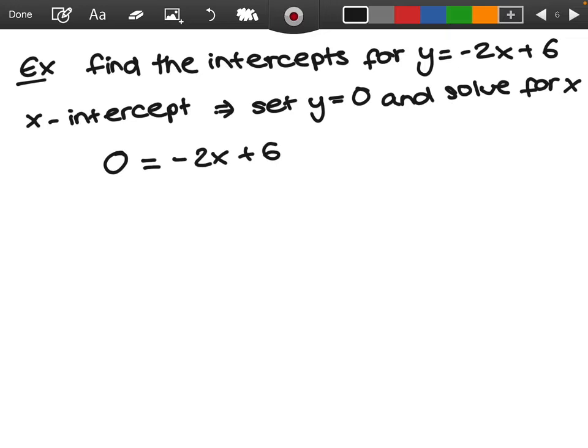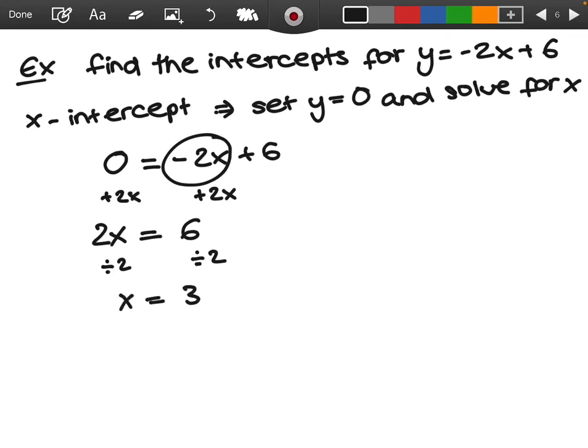I need to solve for x. To make everything positive, I'm going to take this term onto the other side, so I'm going to add 2x to both sides. That gives me 2x on my left-hand side, and then negative 2x and positive 2x cancel out, and I get 6 on my right-hand side. Divide both sides by 2, and I get x equal to 3. So that tells me that my x-intercept has 3 as the x-coordinate, and we know that the y-coordinate of an x-intercept is 0. So (3, 0) is my x-intercept.